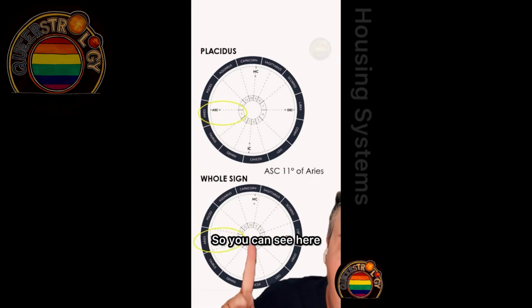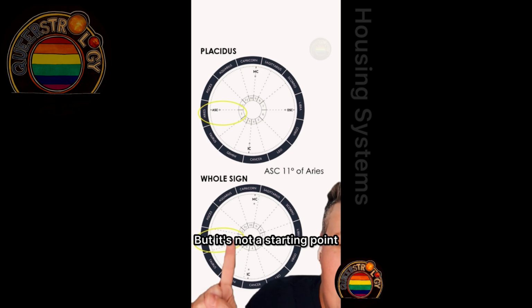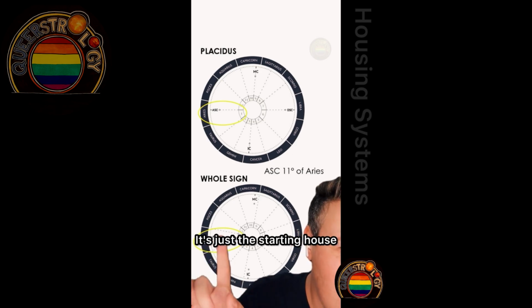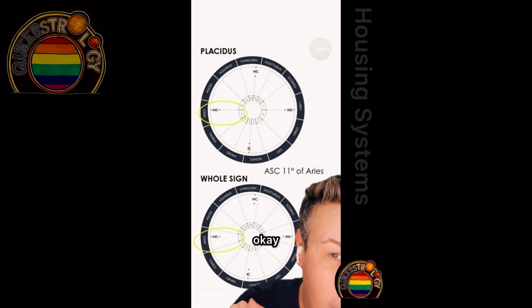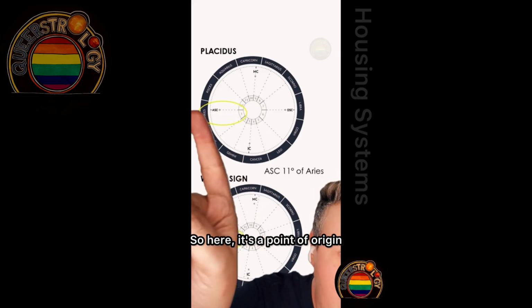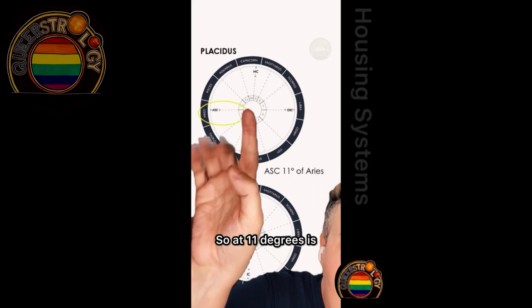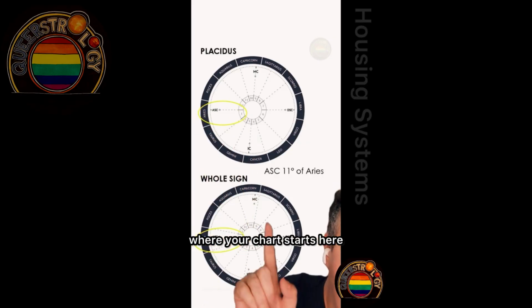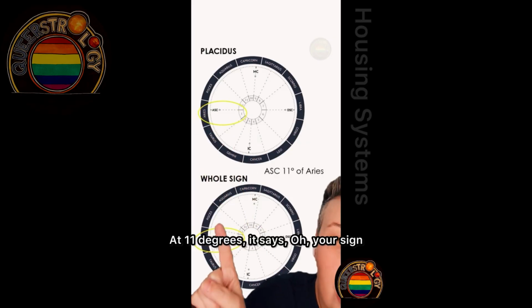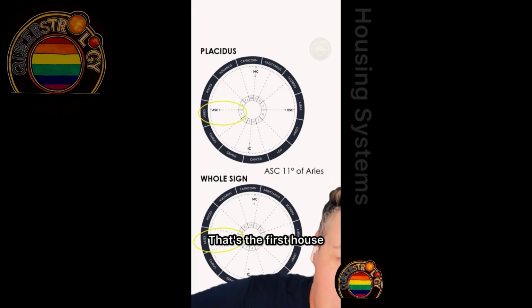So you can see here, it's also at 11 degrees of Aries. See that? But it's not a starting point, it's just the starting house, okay? So here it's a point of origin, here it's a house of origin. So at 11 degrees is where your chart starts here. At 11 degrees, it says, oh, your rising sign's Aries. That's the first house.